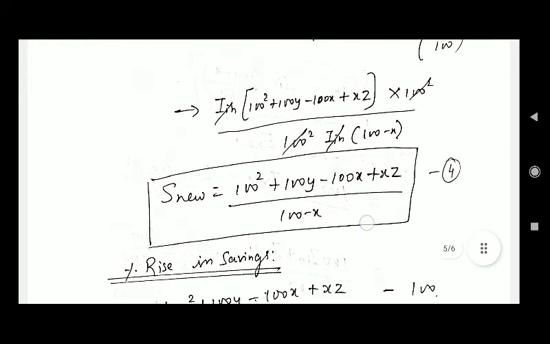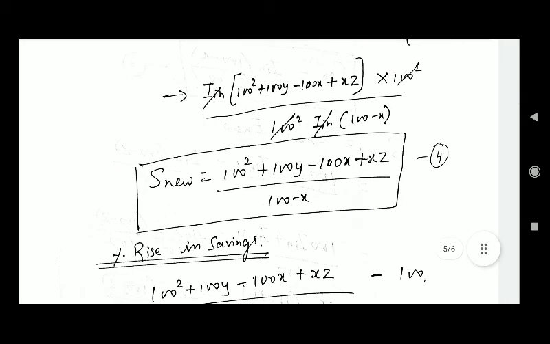So equation 4 is of paramount importance for solving in competitive exams also.